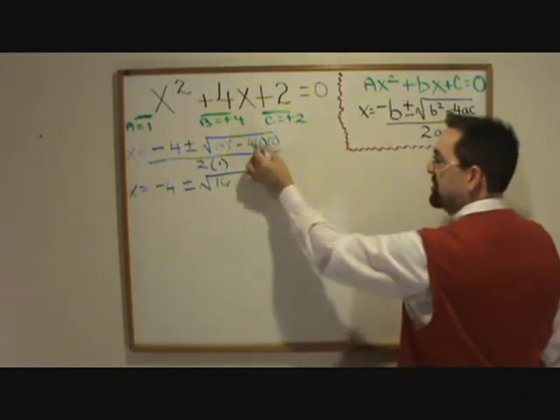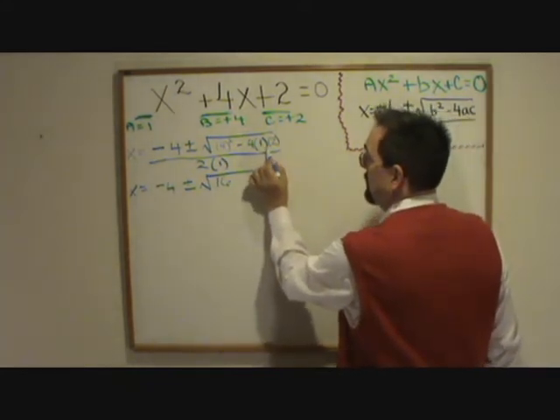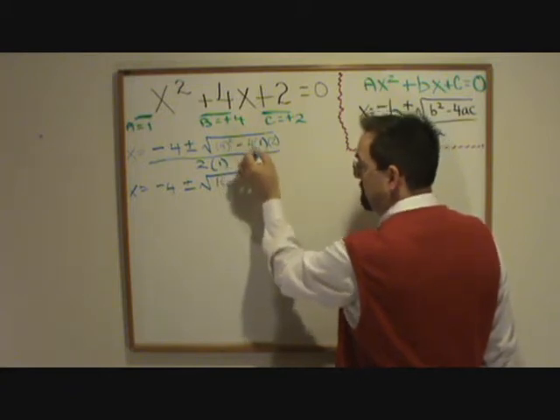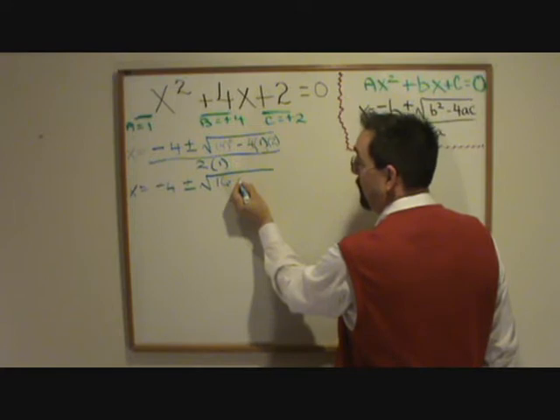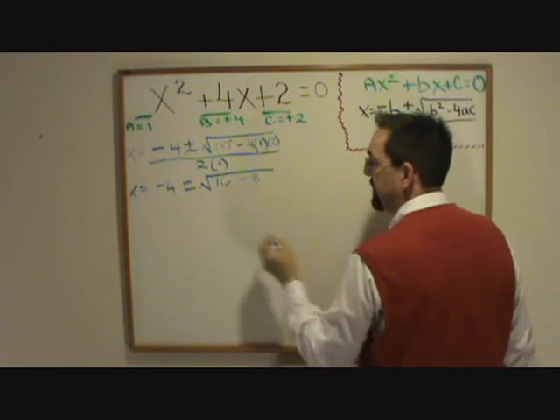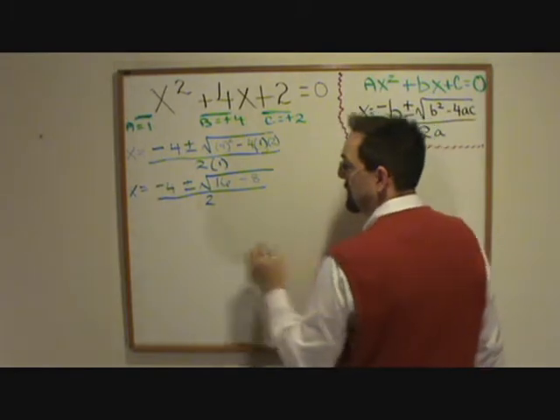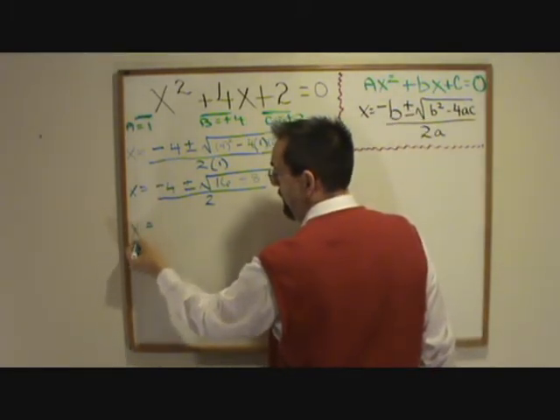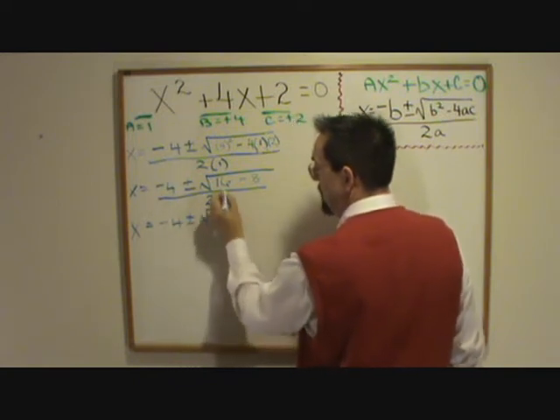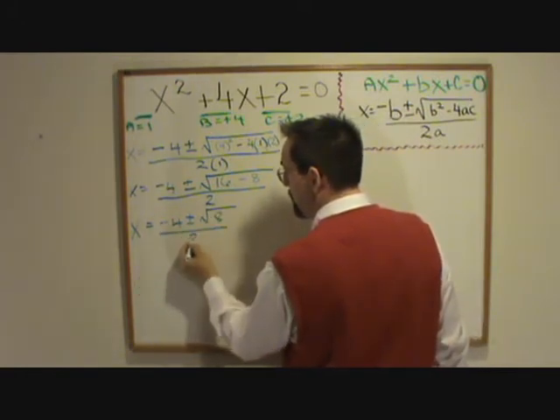Now, when you see three numbers multiplied together, I go 2 times 1, that's 2, times 4, that's 8, minus 8, all over 2 times 1, which is 2. Okay. X equals minus 4 plus or minus the square root of 16 minus 8, all over 2.